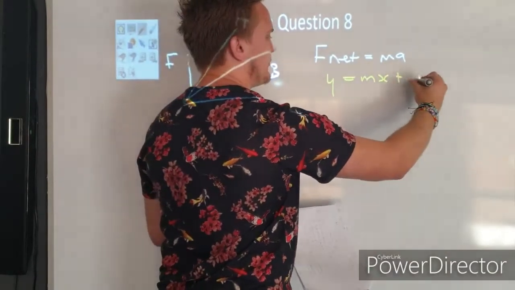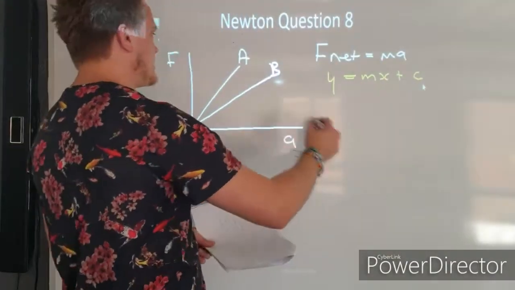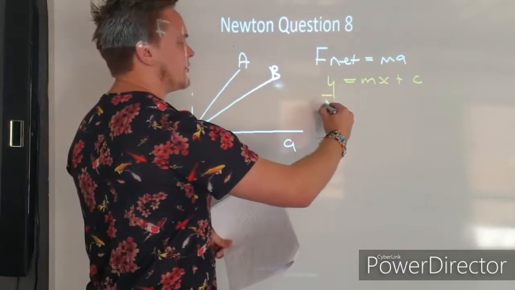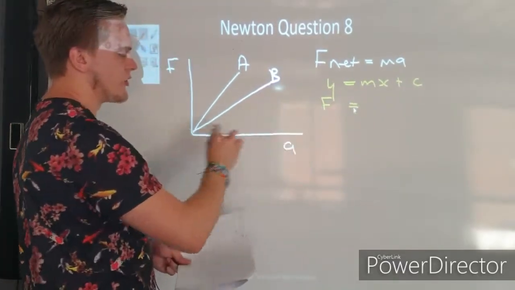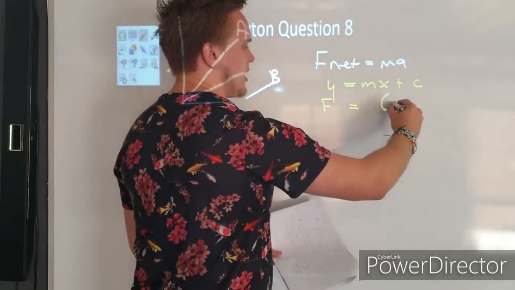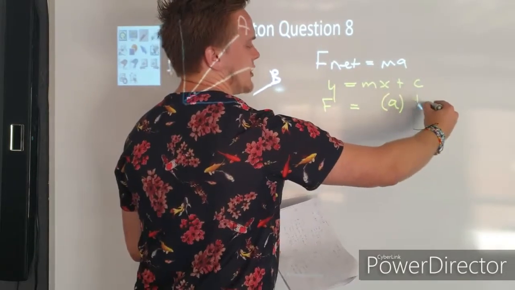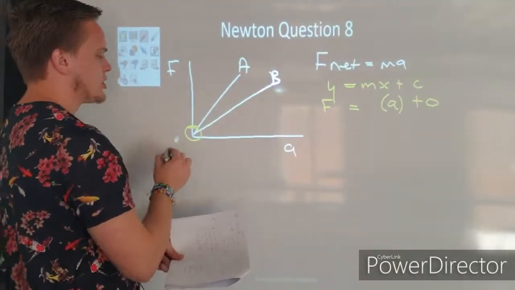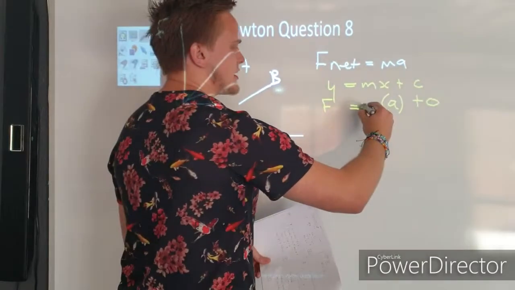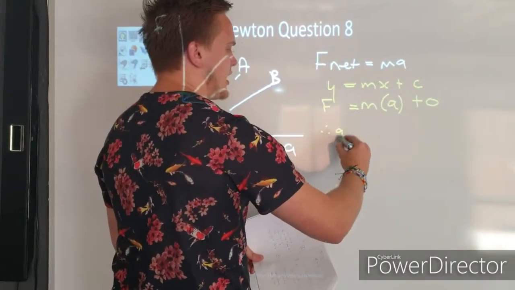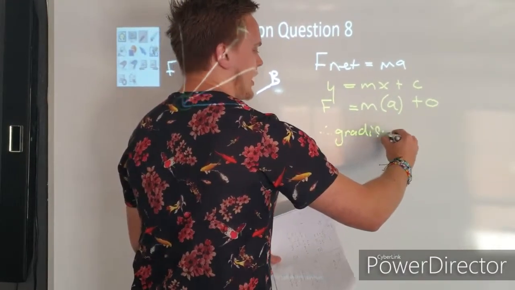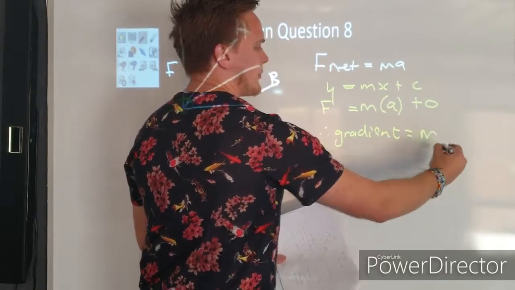All right? So this formula is already rearranged correctly because it fits our straight line formula, which is y equals mx plus c. So what is our y-axis? Our y-axis is given as F. Your x-axis, you can read off from the graph, should be a. And what is left, because we know that c is 0 because we have an origin over here, what is left is m. So you'll see that the gradient of this graph is m.